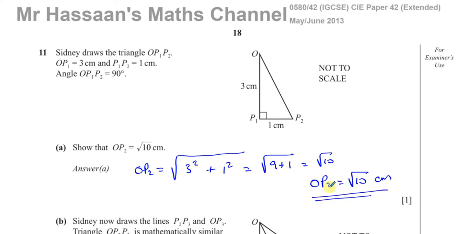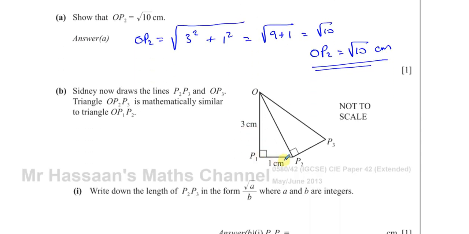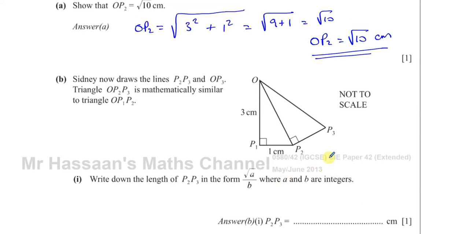That's part A. Now for part B, it says Sydney now draws the lines P2P3 and OP3. And these two triangles are mathematically similar. OP2P3 is mathematically similar to OP1P2. So they're similar triangles, which means that these angles are both the same, and these angles are both the same, and the ratio of the lengths of these sides are the same.